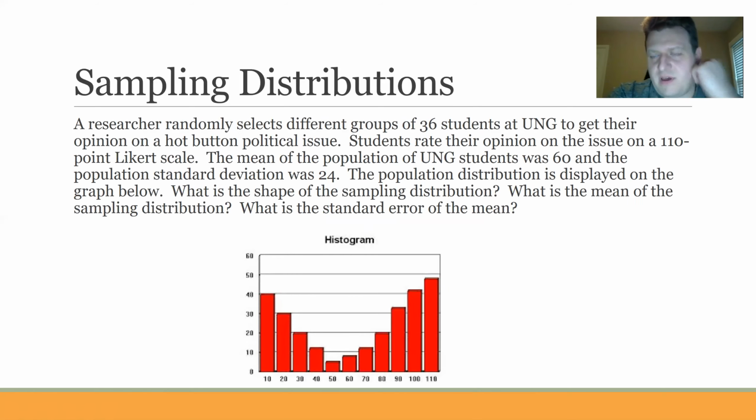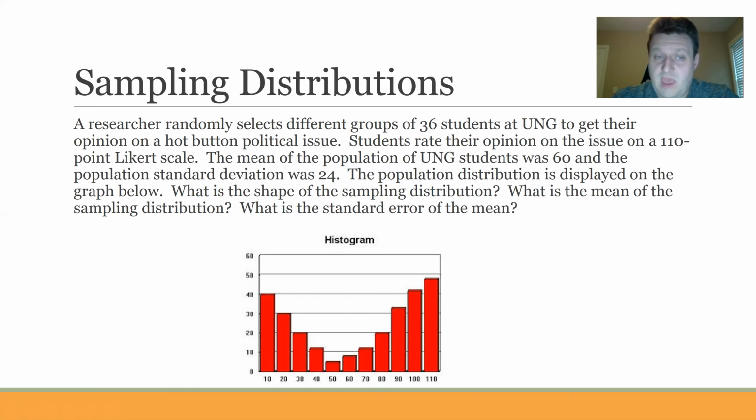So let's ask ourselves a couple of problems concerning sampling distributions. Here we have a researcher who's interested in a political issue, a hot button political issue, and they have people rate their opinions on a 110-point Likert scale. You would never have this many points on a Likert scale, but for this graph to work, I had to finagle it that way.